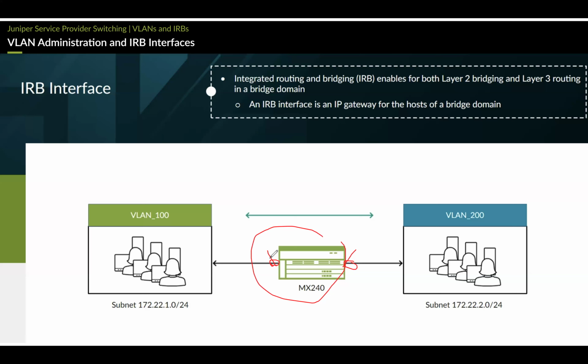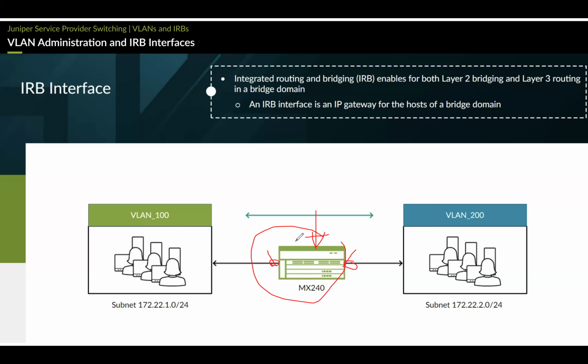So if you want to log in to these devices remotely, you have to configure one IP address for a management VLAN for logging into this device. So this will be one purpose.